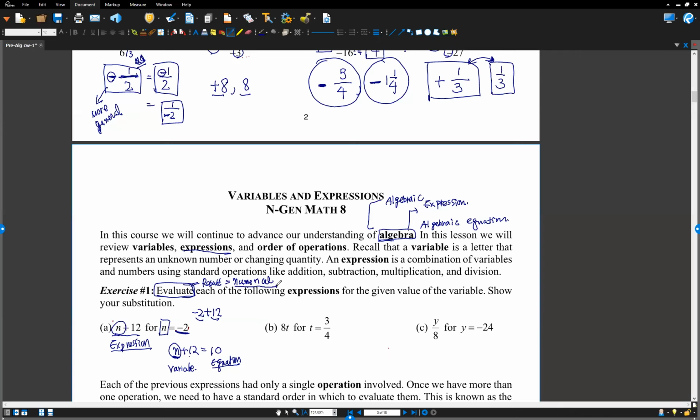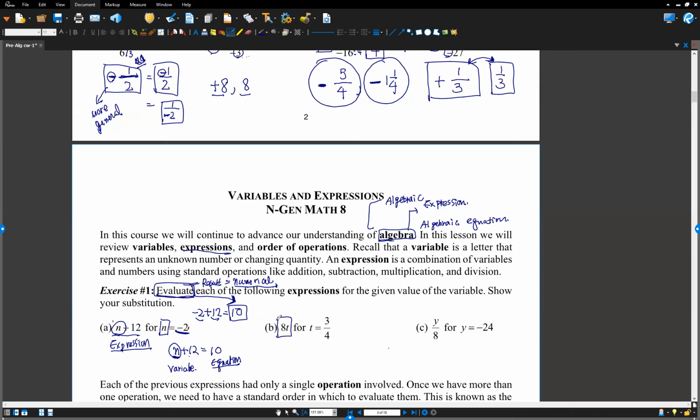Numeric number, okay? It's going to be simplified. When you say evaluate, the result should be some numeric value. This has a variable, so this is an algebraic expression.